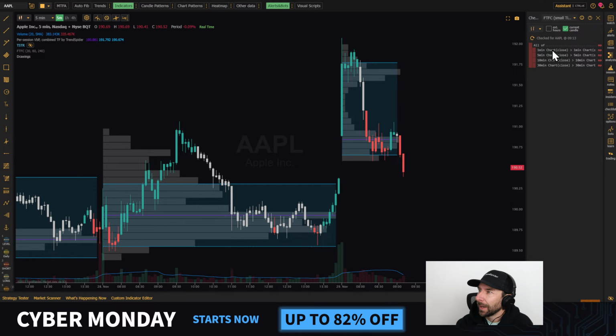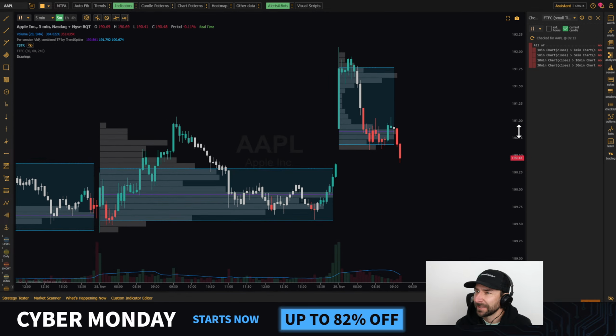So this is green on the 1 minute, the 5 minute, the 10 minute, the 30 minute, and they're all red right now, right? So I know that this thing is not in continuity. But that's kind of the general idea. We wanted to expand upon what we could already do. So here we are building full time frame continuity directly on the candles, which is pretty sweet to be able to just instantly visualize that if that's something that you're into.